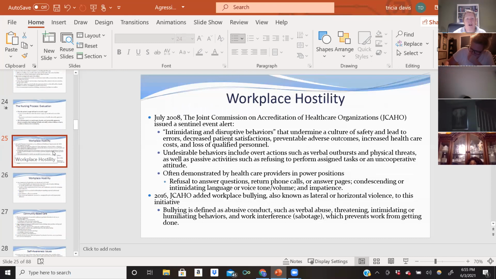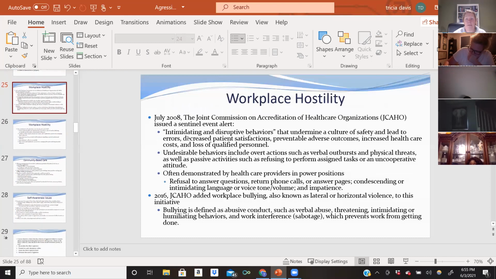So next we're going to talk about workplace hostility. In July of 2008, the Joint Commission decided that intimidating and disruptive behaviors in the workplace were a real issue. So they issued what they called a Sentinel Event Alert.